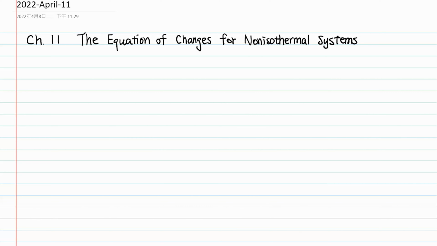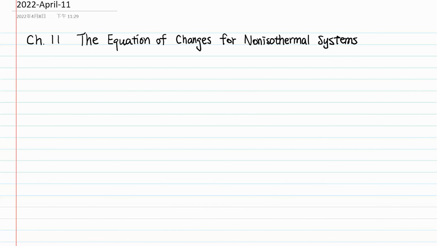In this chapter, we are going to extend that discussion further to a more generic form, so that we can derive the equation of changes for non-isothermal systems that can be very generic and easily applicable to different scenarios.